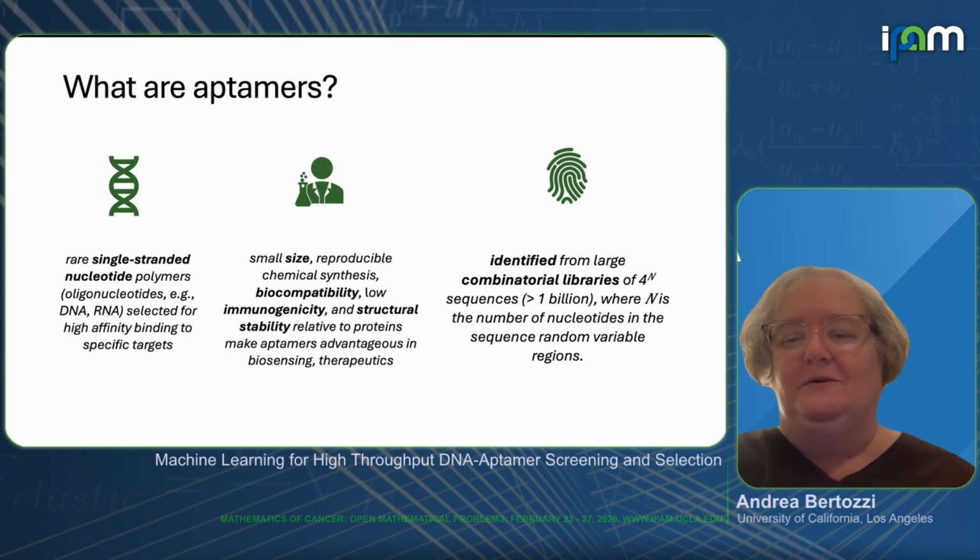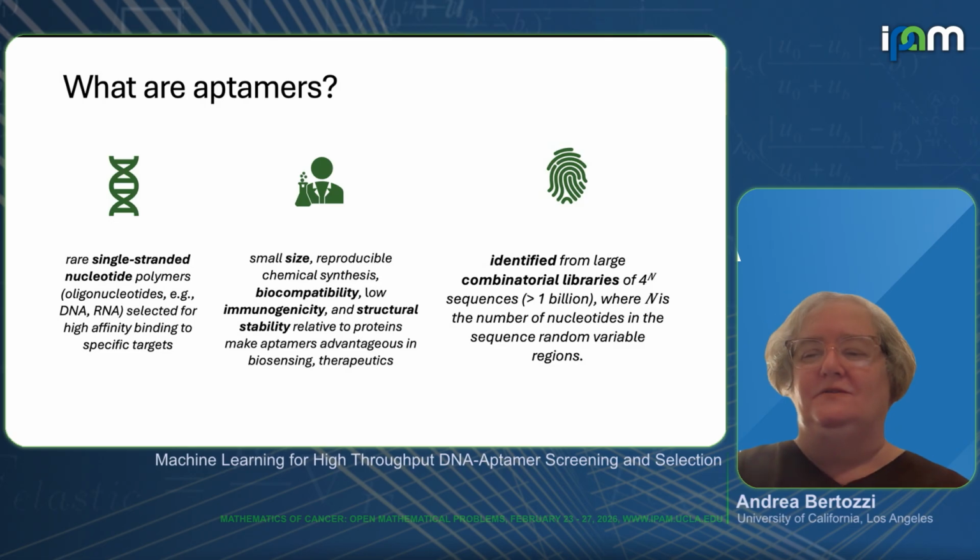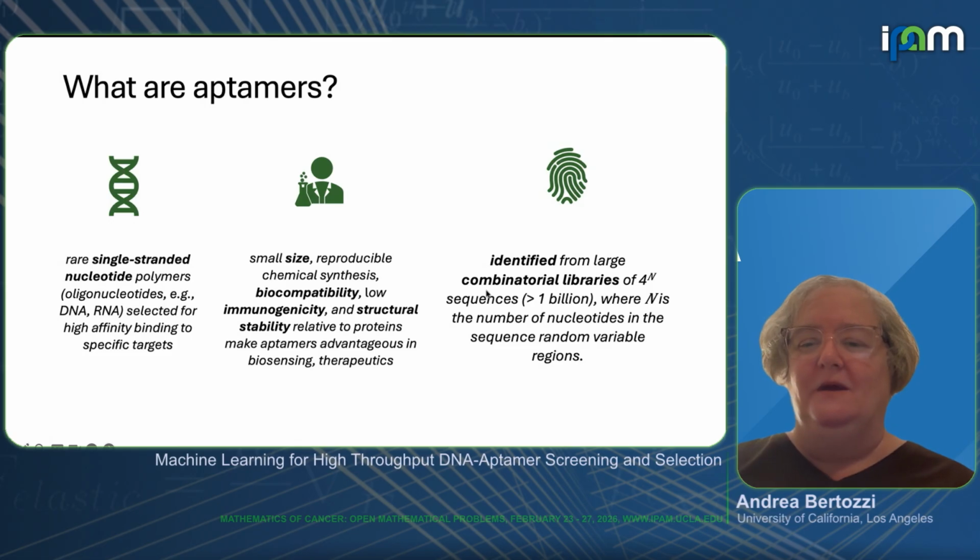I'm going to talk about a particular method that's used to identify candidates for these aptamers. And this is really a very, very combinatorially complex problem because you have no idea what to do at the beginning, right?